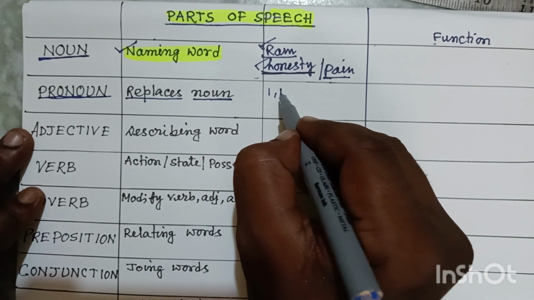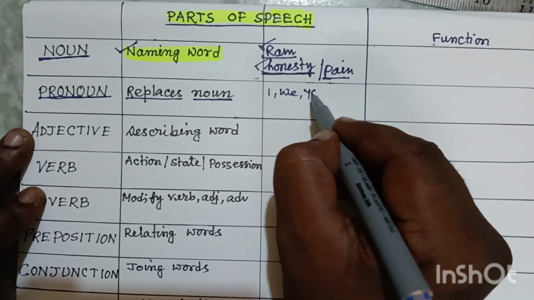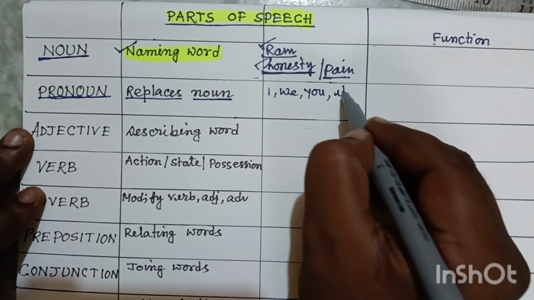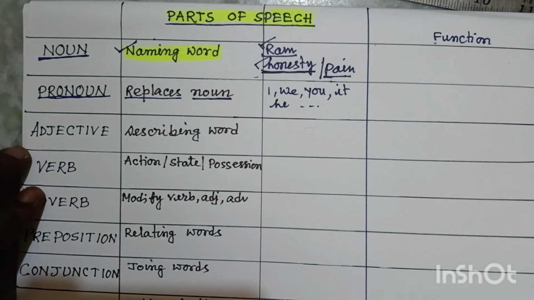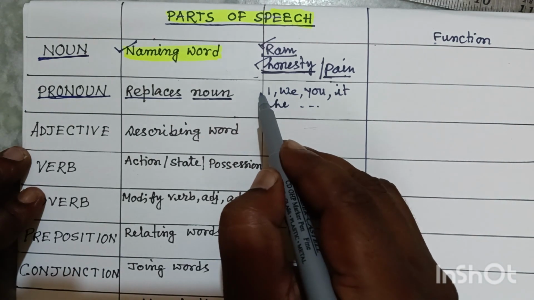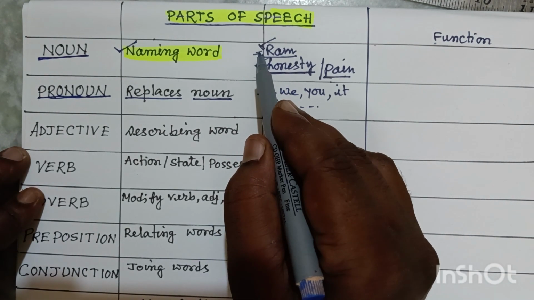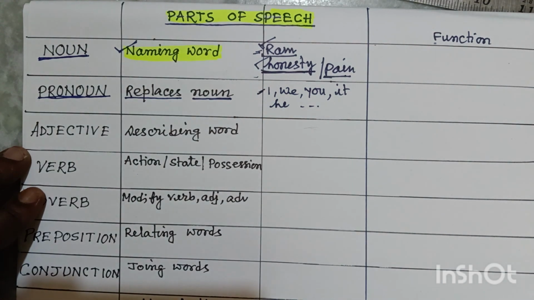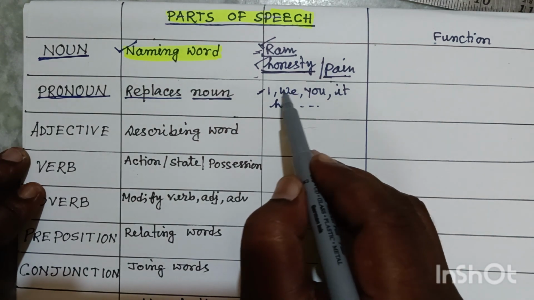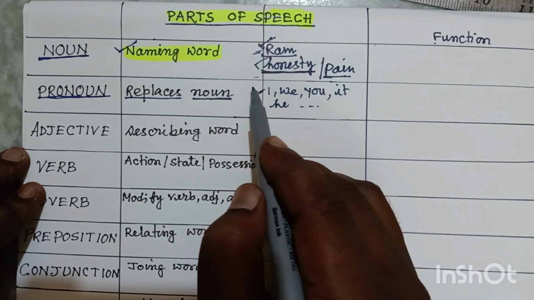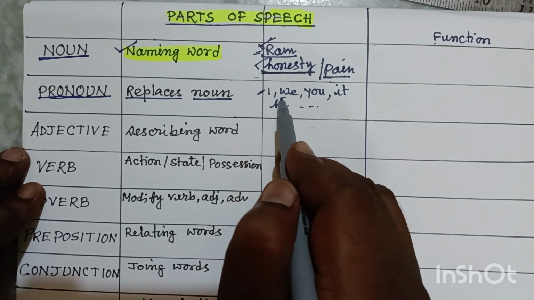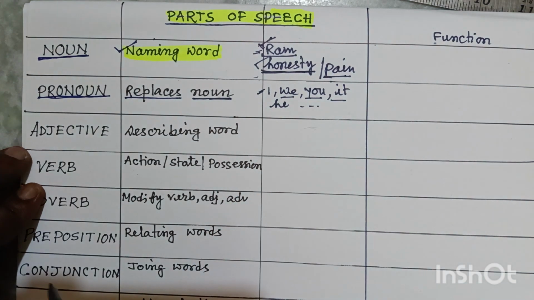Just like I, we, you, it, he, etc. And so many words are there. My dear friends, these words are used to replace the noun. That means we will not repeat the nouns in our context. That is why, after using the noun for the first time, we will use these pronouns according to our need.